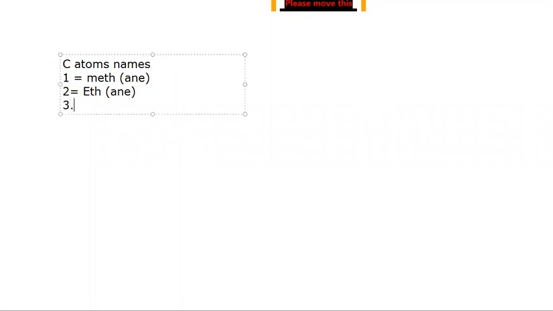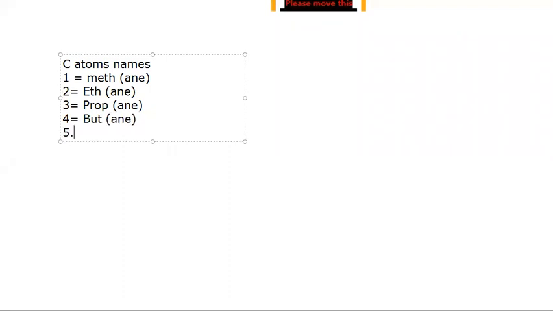With three, it is prop, ending with ane, propane. Similarly, four will be but, ending with ane, that means butane.